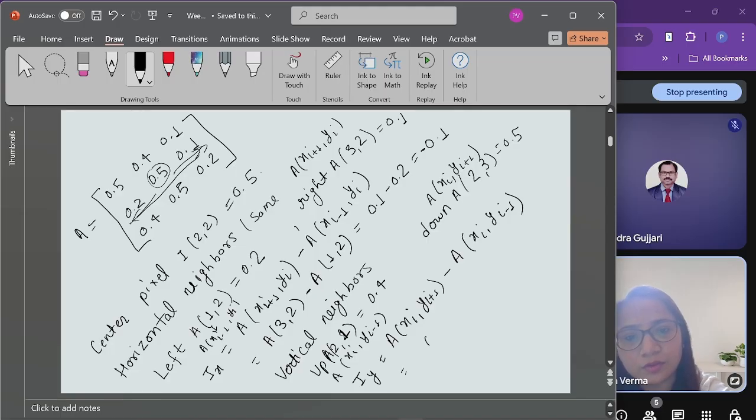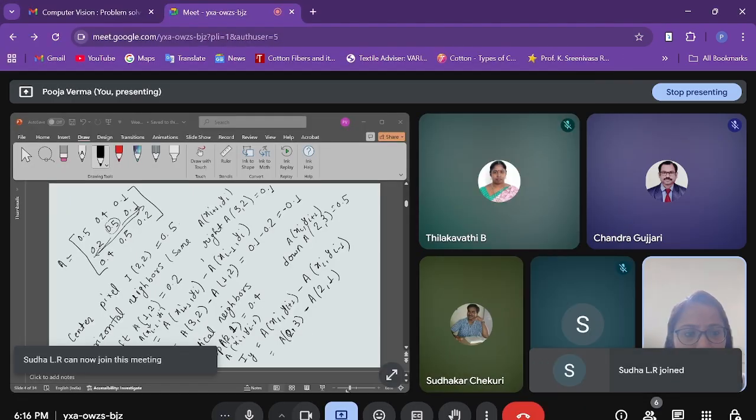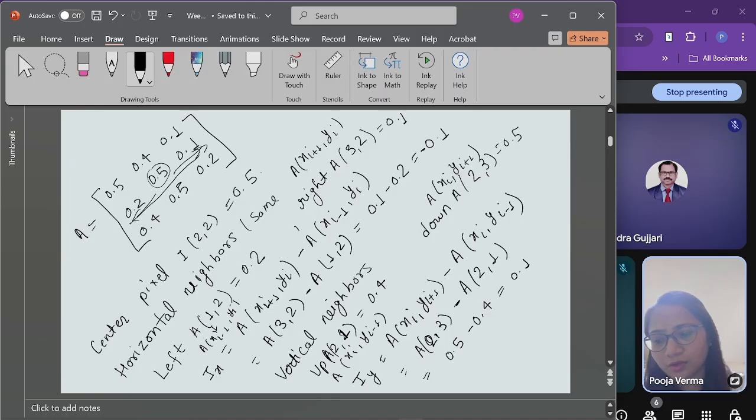So here the value, I'm just writing here first, 2 comma 3 minus 2 comma 1. Okay, so put the values. Here 0.5 minus 0.4, here you will get 0.1. Okay, so here you have got Ix, that means in x horizontally it is minus 0.1, and Iy is 0.1.